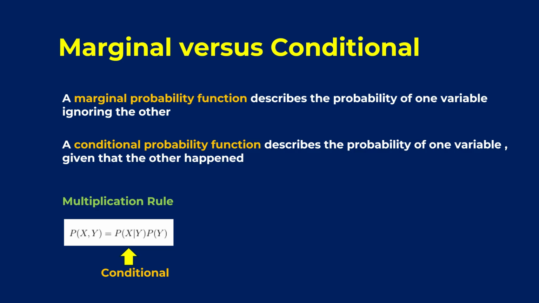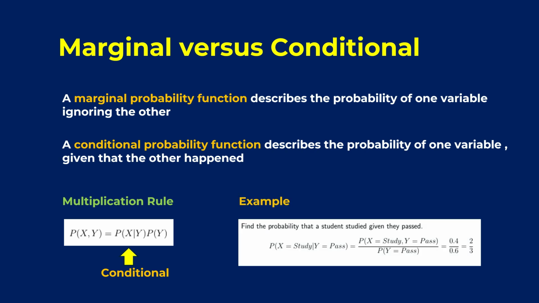So now let's try to solve another example and improve our understanding. We want to find the probability that a student studied given that they have passed the exam. This is the same example, the same numbers that we have seen in the previous slide. Now we have changed the question. We are interested in finding the conditional probability instead of the marginal or the joint probability values. So we can use the multiplication rule.